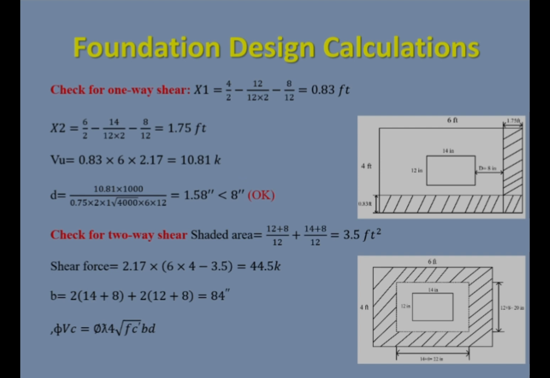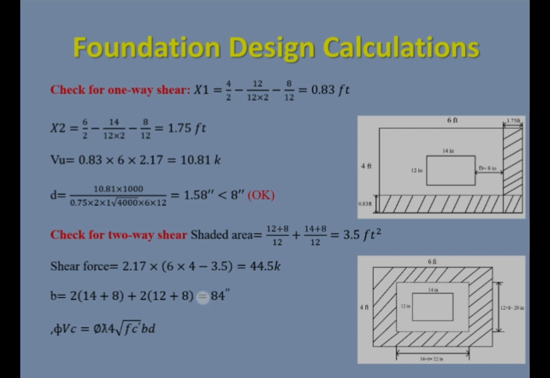Now we need to check for the two-way shear. So we need to find this shaded area and we multiply it by QU to get the shear force. So this shaded area by this and we multiply it by QU, we are getting the shear force.